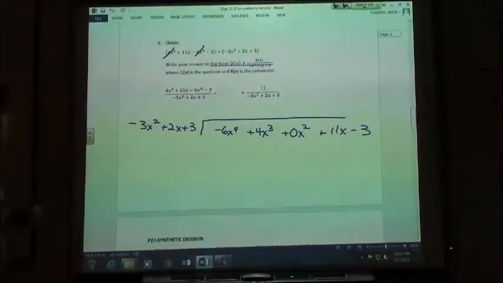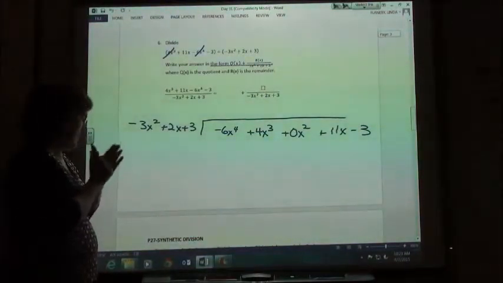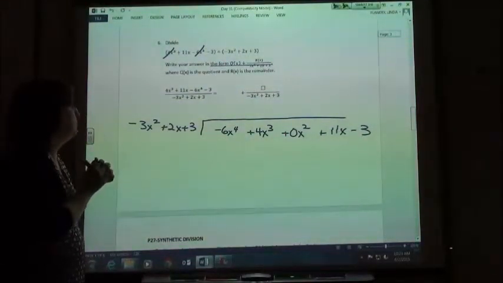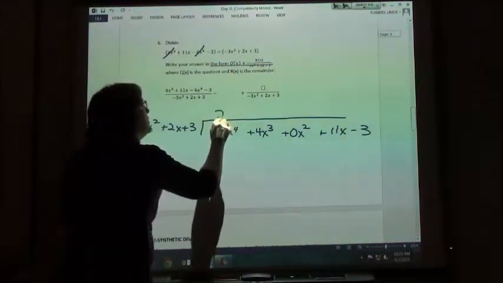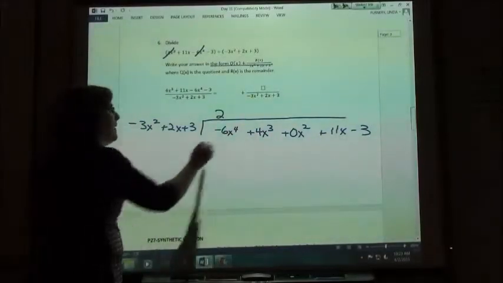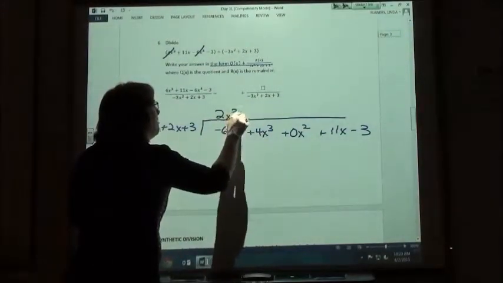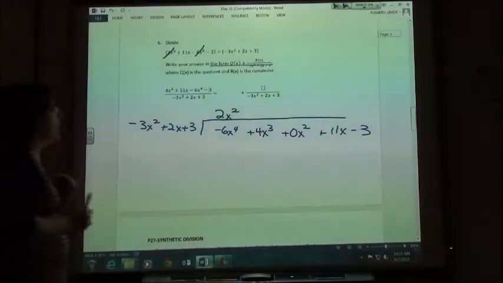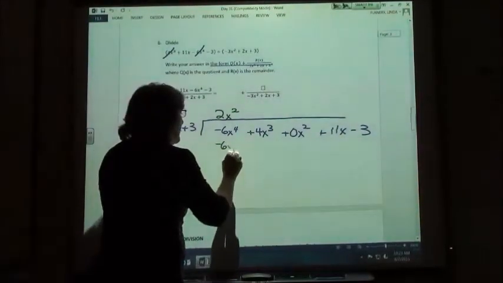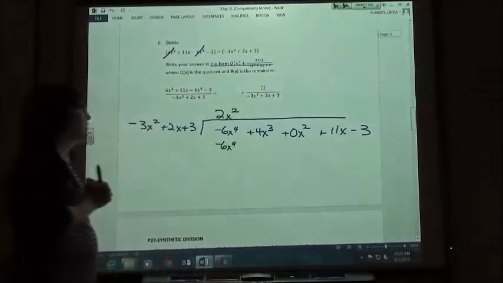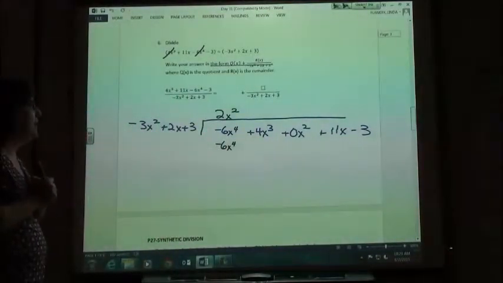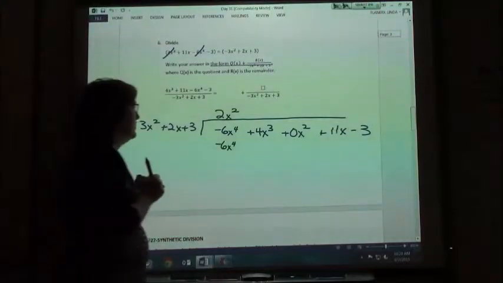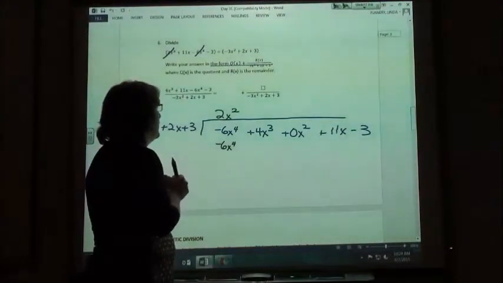Okay, now we can go ahead and divide. So negative 3 goes into 6 2 times, so it's going to be 2x squared. So when we multiply that out, we're going to get negative 6x to the fourth. Then, am I going to do the 2 or the 3?